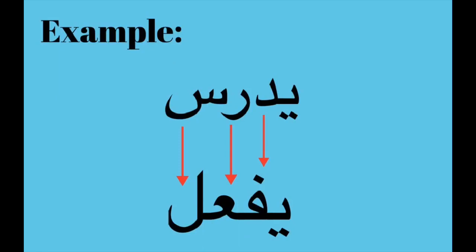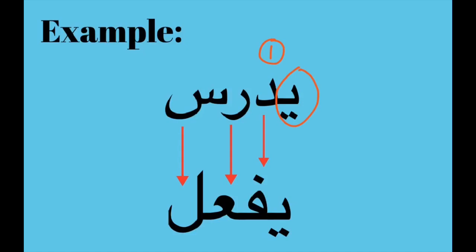Yadrusu. He studies. In this example, we have ya at the beginning of the word. This indicates that the word is a verb in the present tense. Then we have our three root letters. Our first root letter is dal, and it corresponds to fa in our model.